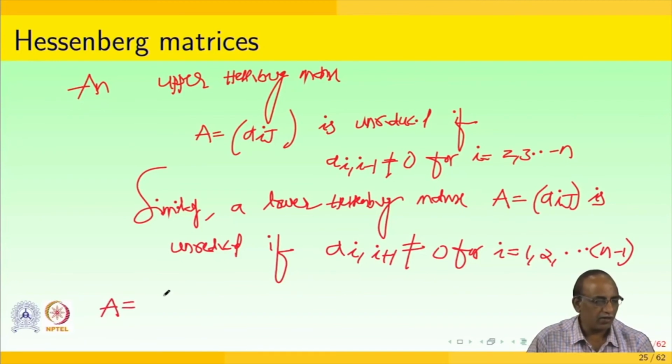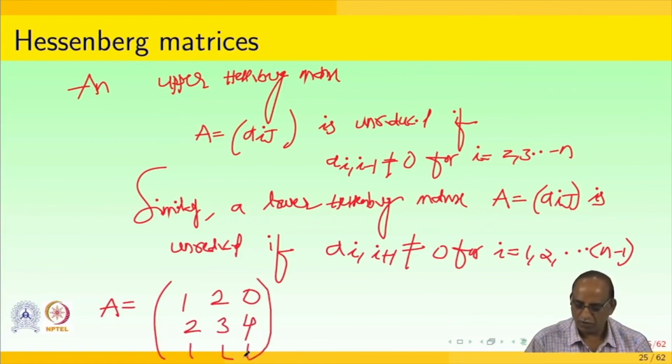So you will have A equal to 1, 2, 0, let's say 2, 3, 4, 1, 1, 1 is an unreduced lower Heisenberg matrix.